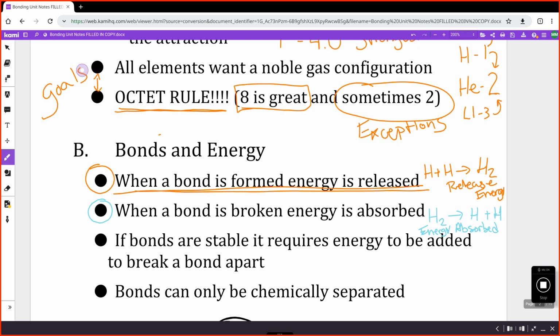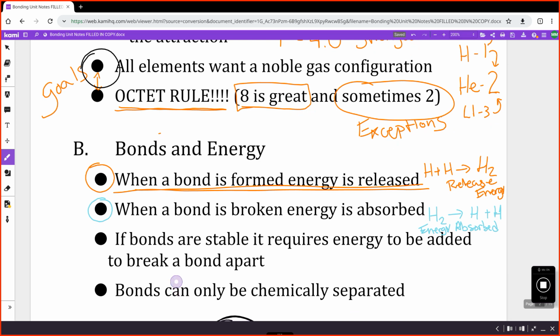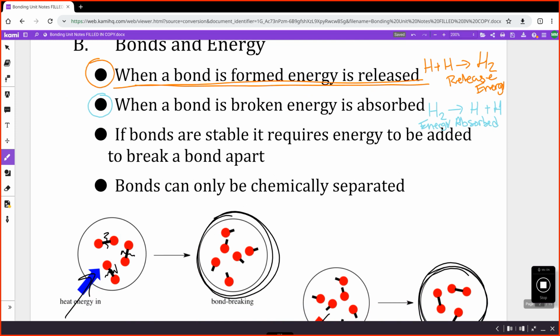But the goal is to have a stable configuration. Once a molecule is stable, it doesn't want to be unstable. So it doesn't want to lose those electrons or be broken away from what is helping it feel complete. And so it requires energy to be added to make the molecules do something that they don't necessarily want to do.